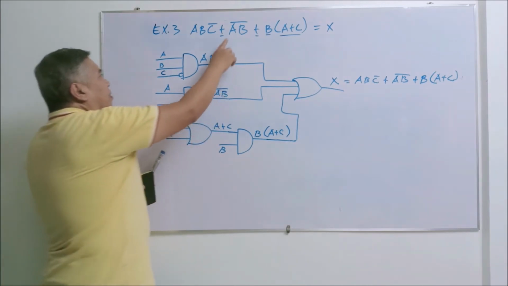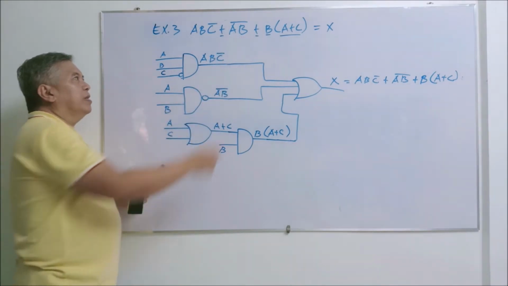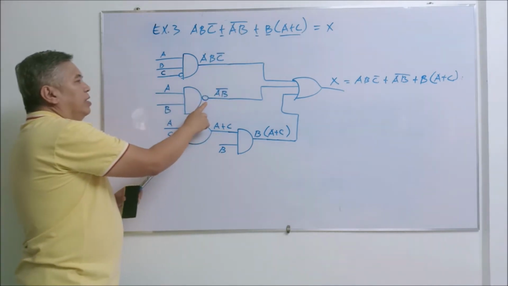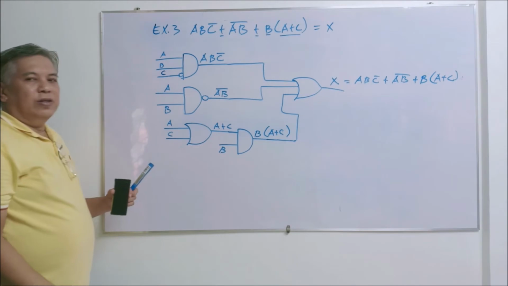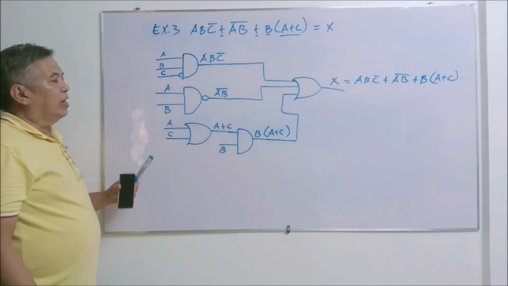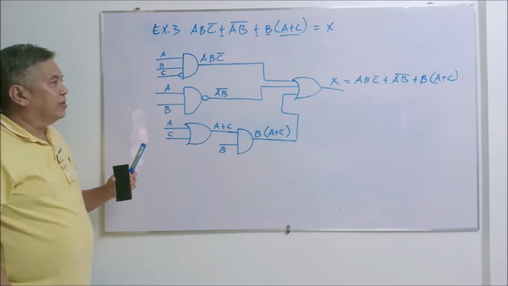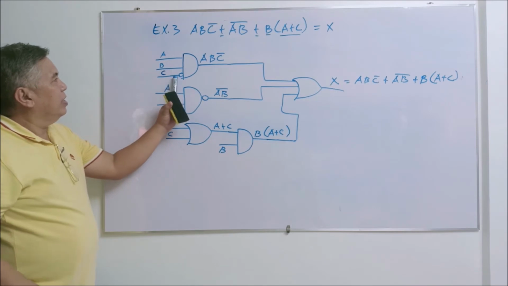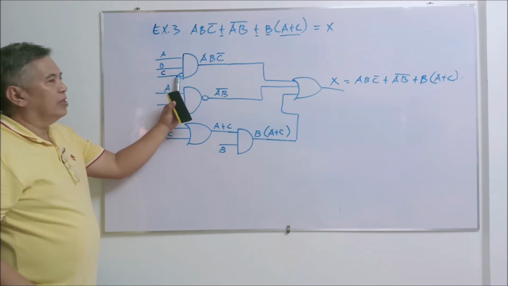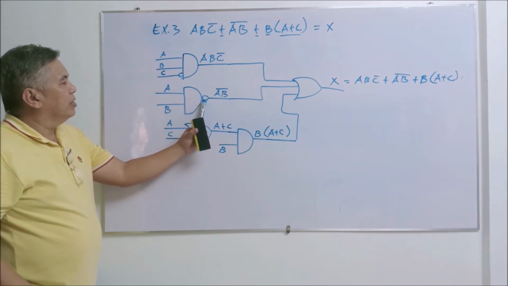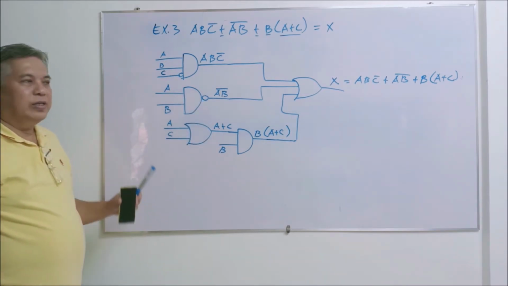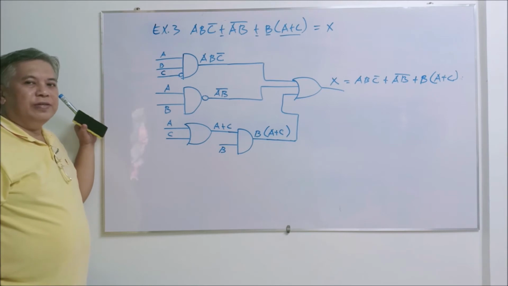While if both inputs are complemented, like this one, then the inverter is placed at the output part of your gate. No? So in this case, C complement is represented by this one. And then you have A, B complement, which is represented by the NAND gate.